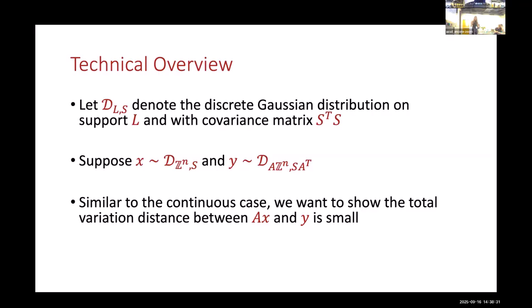We want to show that the total variation distance between AX and Y is very small on the support A times Z to the n.